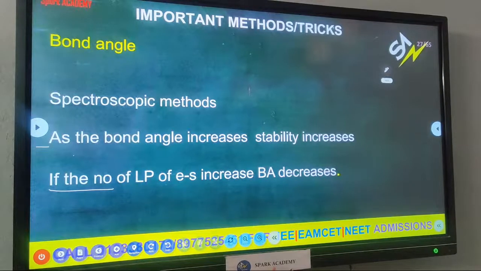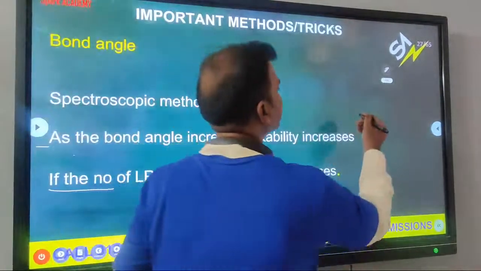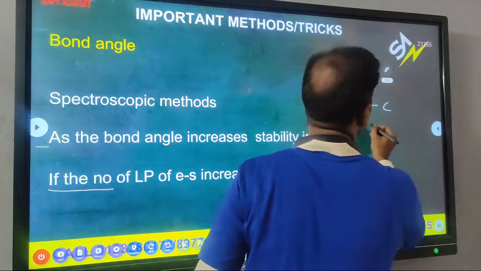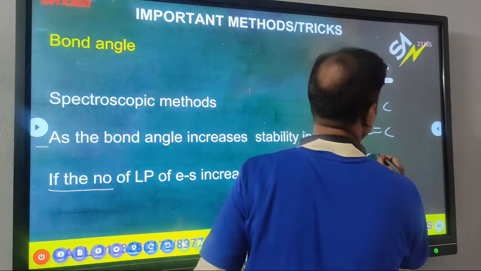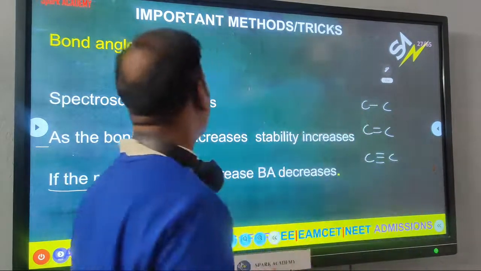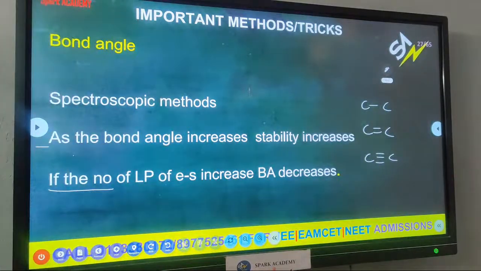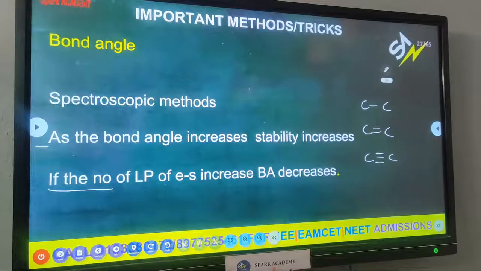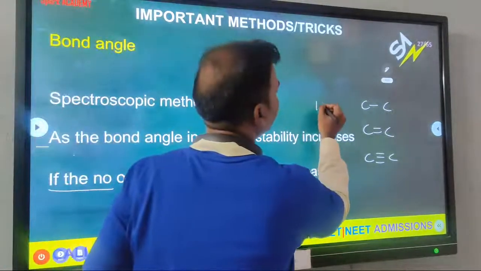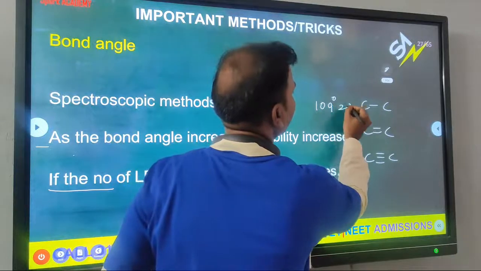We take simple hydrocarbons. As the bond angle increases, stability increases. What is the bond angle of the carbon single bond? The bond angle is 109 degrees 28 minutes.